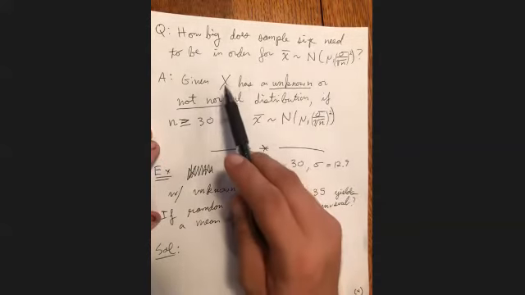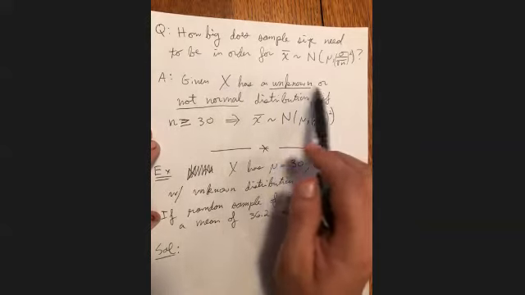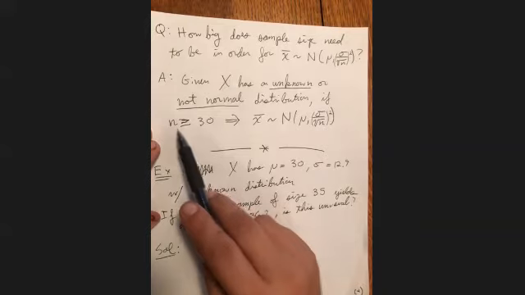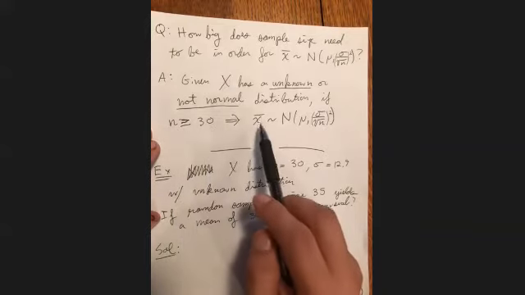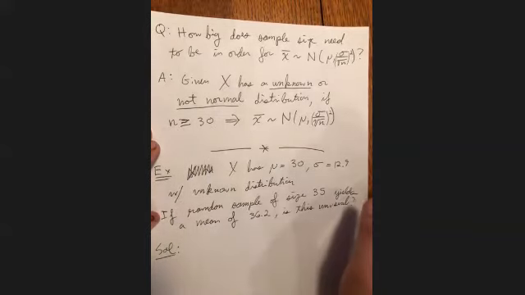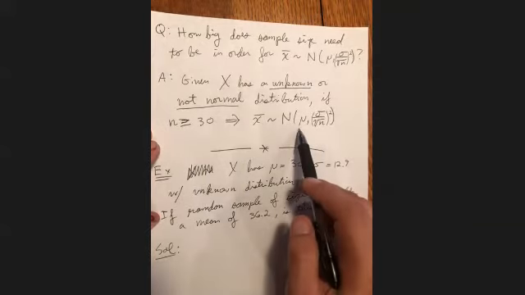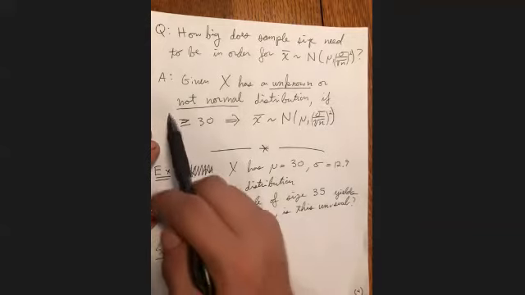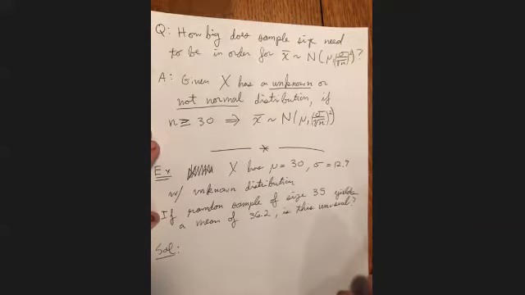The answer is that given the fact that the population has either an unknown or not normal distribution, if the sample size is greater than or equal to 30, then we can comfortably say that the X-bar distribution is approximately normal, with the same mean as before and the same standard deviation as before. So all we need is a sample size that exceeds 30 or is equal to 30, and we can safely assume that the sample mean distribution is approximately normal.